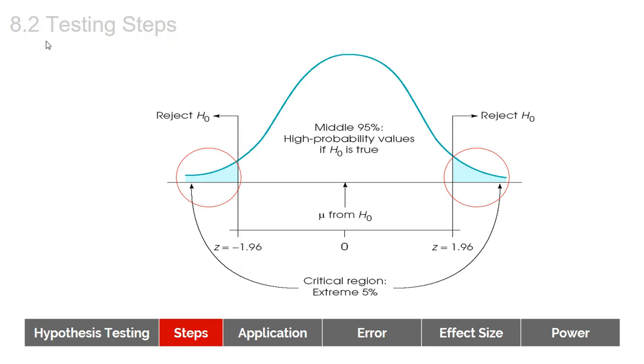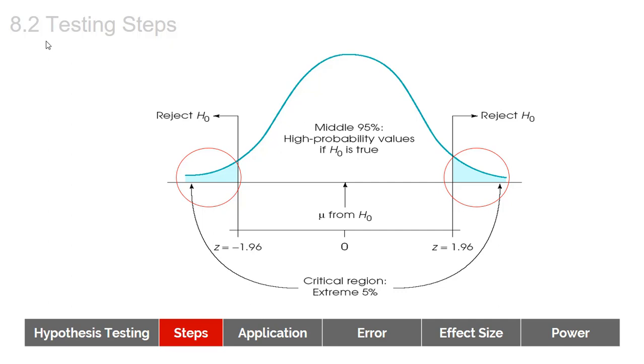So what I've done here is I've circled the extreme tail areas, and I've also indicated the z-score that's associated with these extreme areas of what we call 0.05 or 5%. When we say that something is significant at the 0.05 level, that corresponds to a z-score in a two-tailed test of negative 1.96 or positive 1.96.